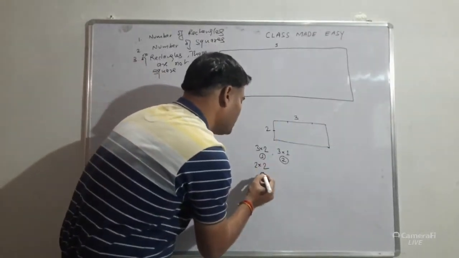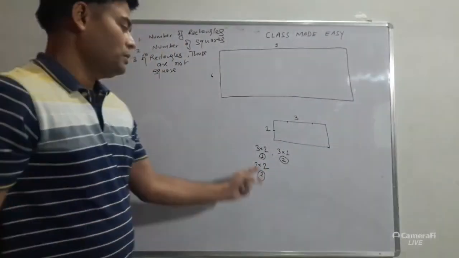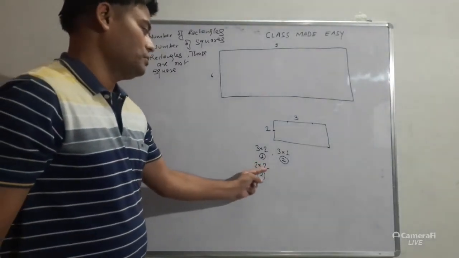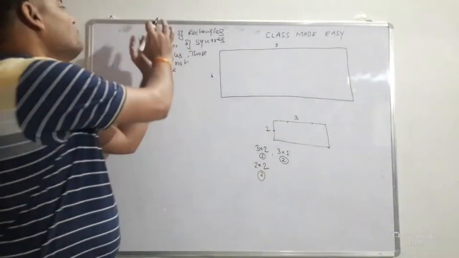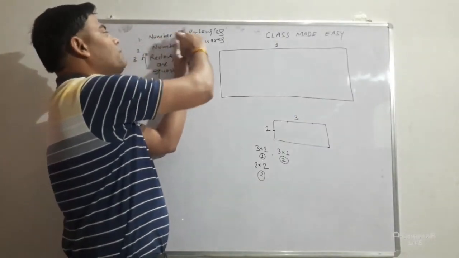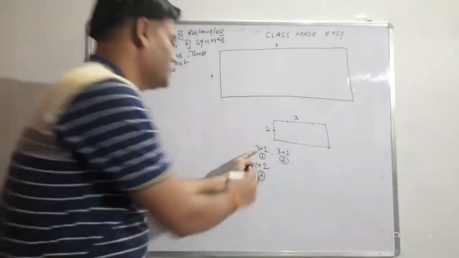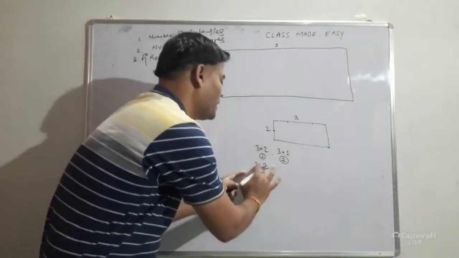So 2 by 2 you will get 2 rectangles. The size is 2 by 2, so this is a square, but we are determining the number of rectangles. So 3 by 2 is 1, 3 by 1 is 2, and 2 by 2 is 2.